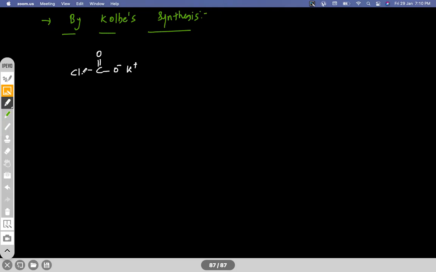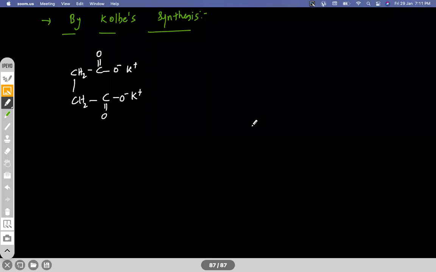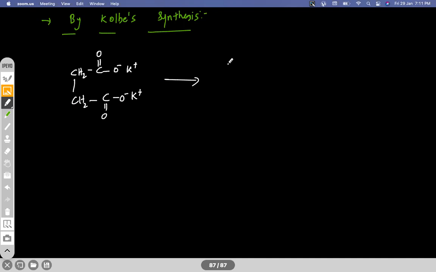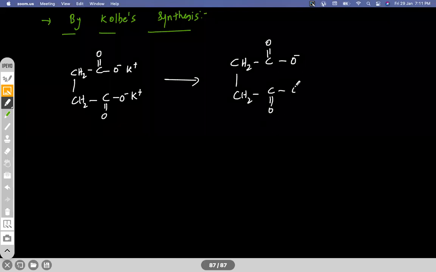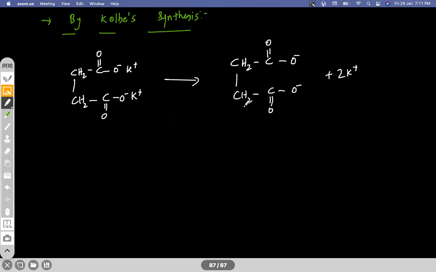it is CH2. And then one more, we have CH2, C double bond O, O minus K plus. This forms an ion when K plus goes out, plus 2 K plus.